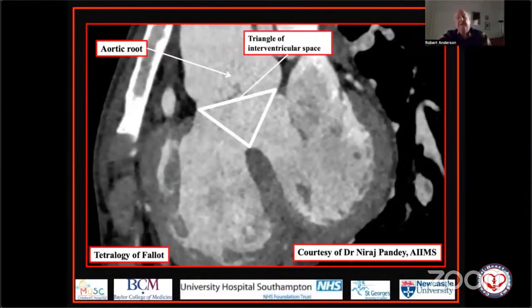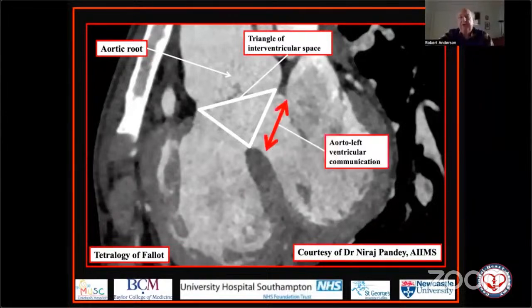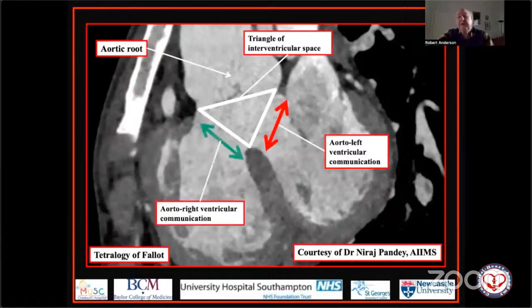And it all depends on what's happening in this triangle of space that we emphasized in our last session, which is subtended beneath the aortic root. And what we showed you is that relative to that triangle of space, there's a communication from the left ventricle into the aortic root. There's a communication from the right ventricle into the aortic root.